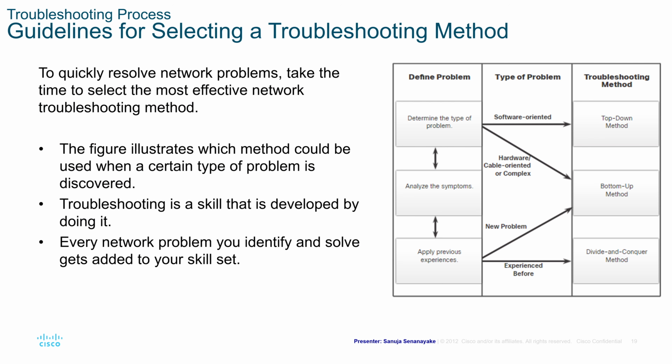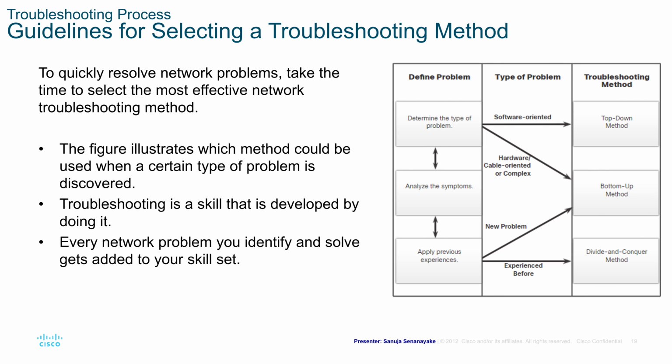Guidelines for selecting a troubleshooting method. To quickly solve network problems, take the time to select the most effective and efficient network troubleshooting method. So the figure on the right hand side illustrates which method could be used when a certain type of problem is discovered. Troubleshooting is a skill that is developed by doing it.